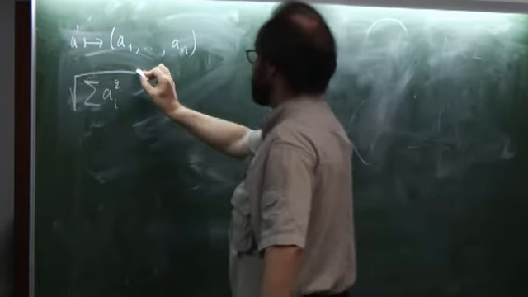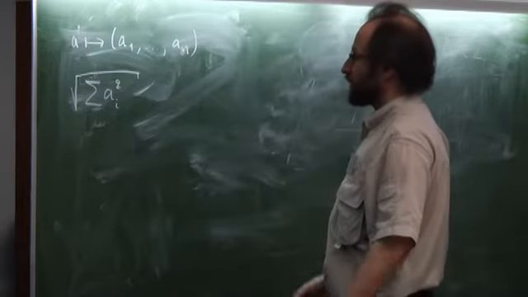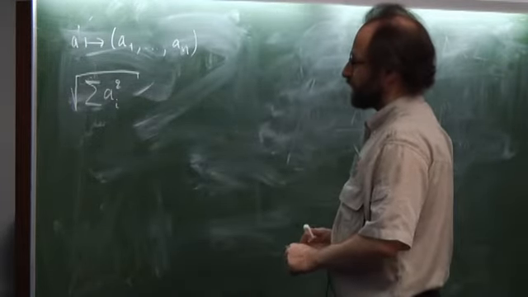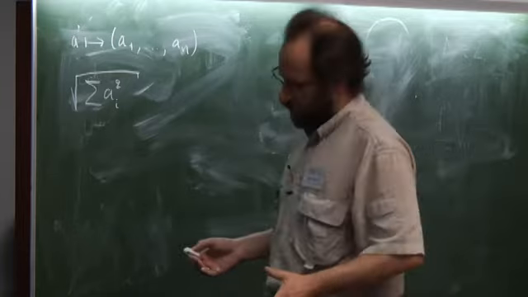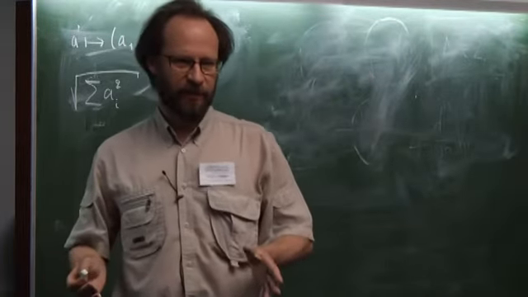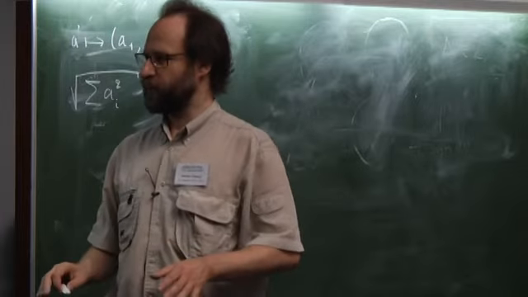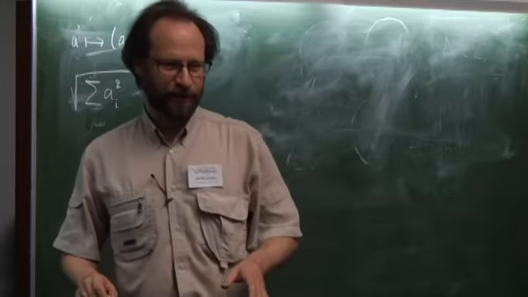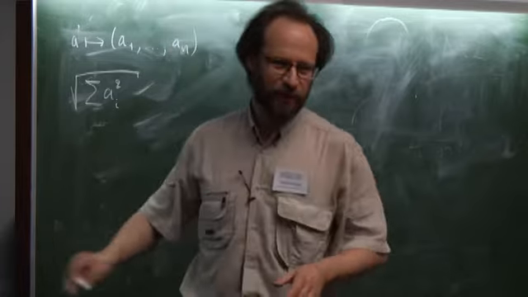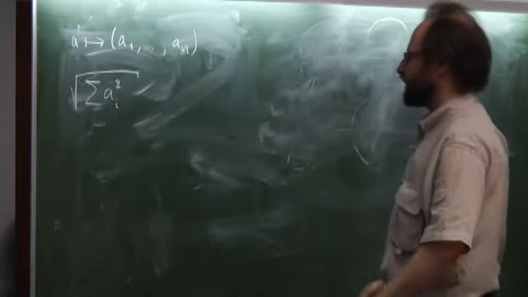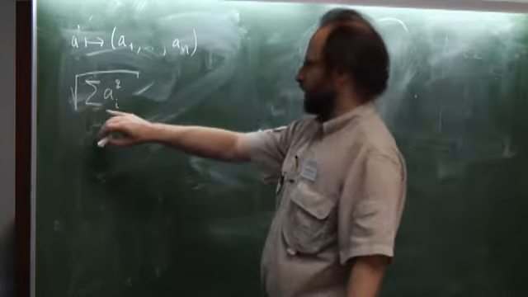What I'll do to make it easier to explain, but it doesn't change the matter at all, is suppose for a moment that my field is totally real. It just simplifies the notation, but you do not need it. So you see an argument immediately.